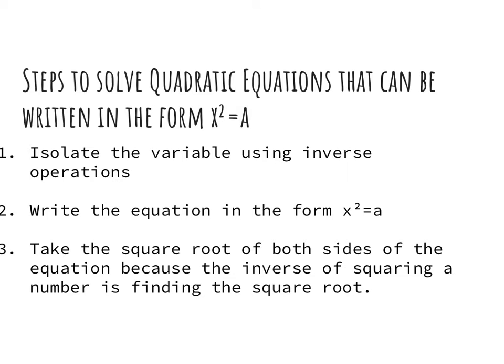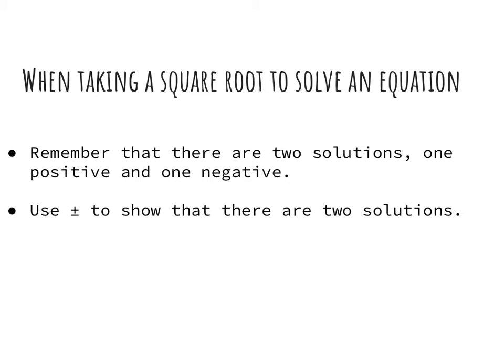We're going to write the equation in the form x squared equals a, and then we're going to take the square root of both sides of the equation, because the inverse of squaring a number is finding the square root of the number. Now, when finding the square root of a number, we need to remember that there are two solutions, one positive and one negative, and we use the plus or minus symbol to show that there are two solutions.